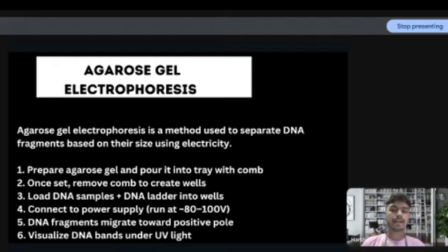The fragments will migrate towards the positive pole because DNA itself is negatively charged. And then we can visualize this DNA under light, and we can observe it by the marker, and we can know the size of the DNA through this method.